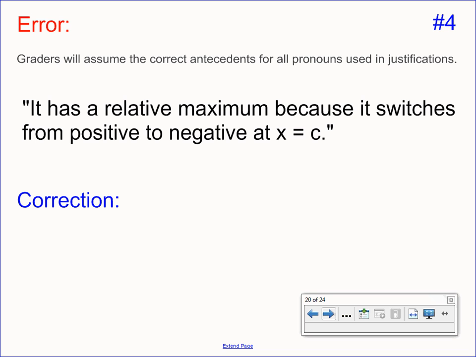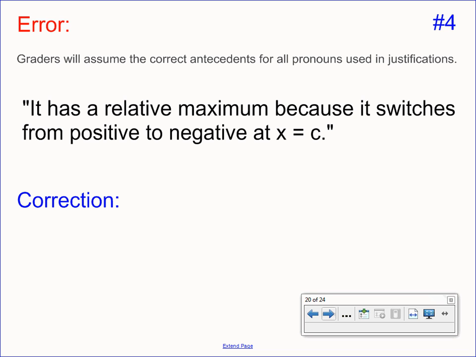It has a relative maximum because it switches from positive to negative. Sorry, Sammy. I have quotes there. Can't have them. It's already quoted. So what's wrong with that? Sammy? Yeah, we don't know what it is, right? And this is not the correct justification, depending upon what that it is. And so what would we have to do to fix this one?